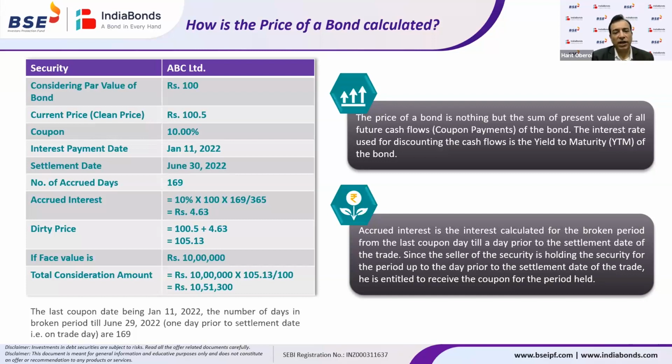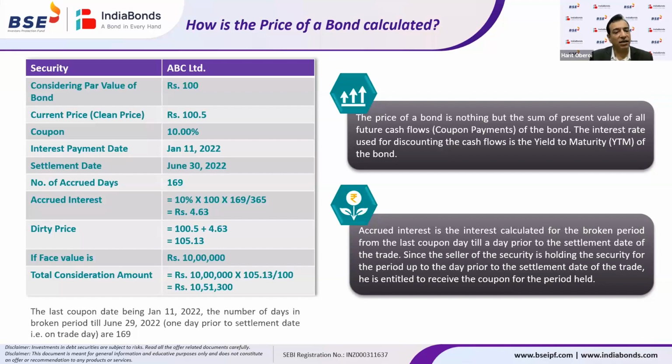Suppose A was the investor initially, and in the middle of the year, investor B has bought this bond from investor A. On the interest payment date, B is the investor who is holding the bond in his demat account. The issuer will pay the entire 1 year interest to B in his demat account, because he will pay only on the basis of who is holding the bond.